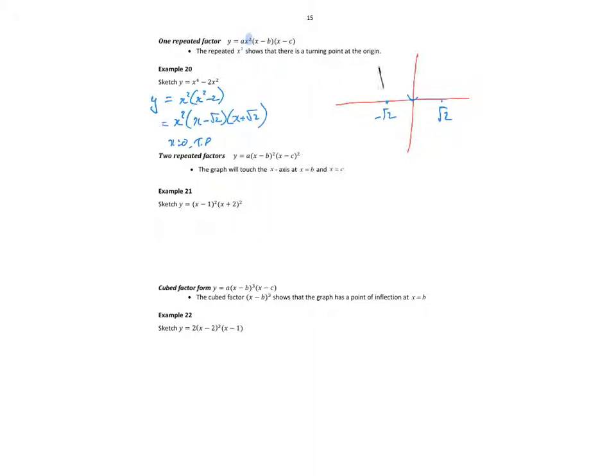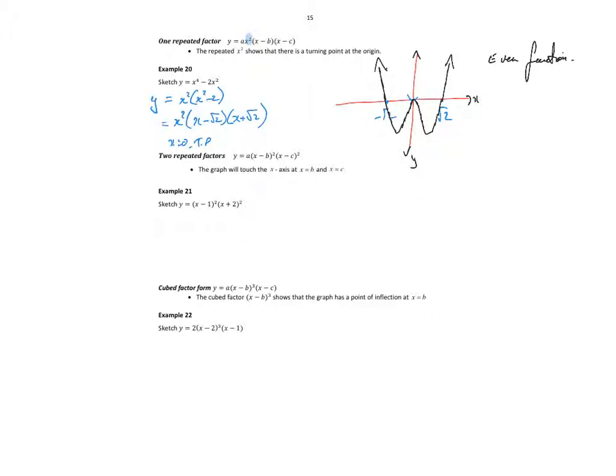So we start from up here, we go through, I've got to get back to my 0. It's a turning point at 0. And so we have our graph that looks a bit like that. In this instance, our graph is an even function, so it reflects nicely about the y-axis.